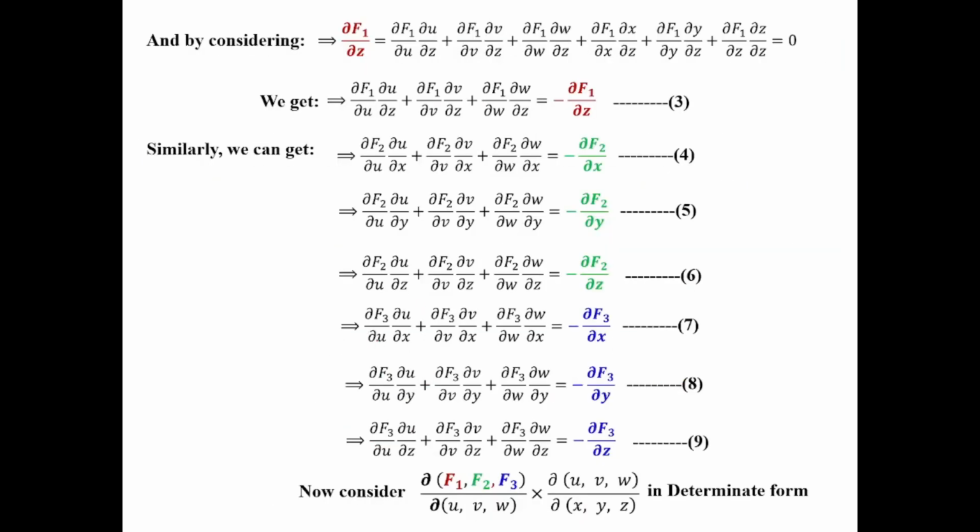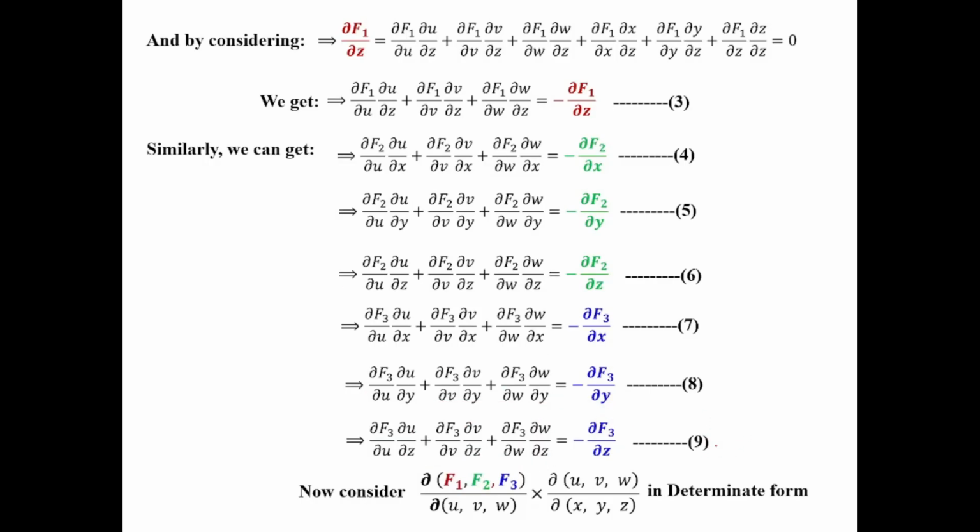Then we can find these three terms equal to minus ∂f3/∂x. This is equation number 7. Likewise, you can find this much value by considering differentiation with respect to y. Then you can find this much value equal to minus ∂f3/∂y. Similarly, by considering differentiation with respect to z, you can find this term equal to minus ∂f3/∂z.